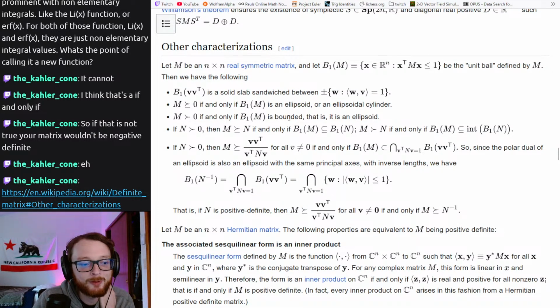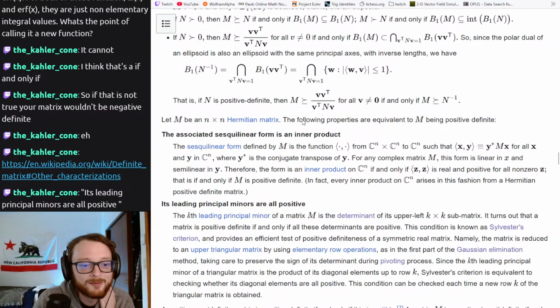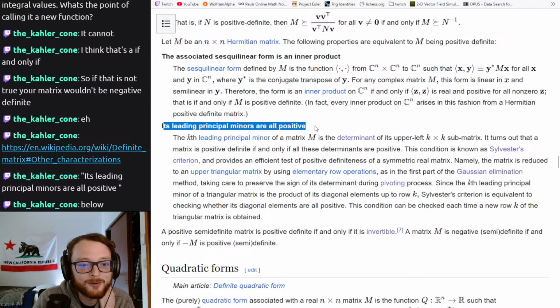Okay, I did spend a lot of time looking at this Wikipedia page last night. I was getting confused on this notation though. Its leading principal minors are all positive. This one here.